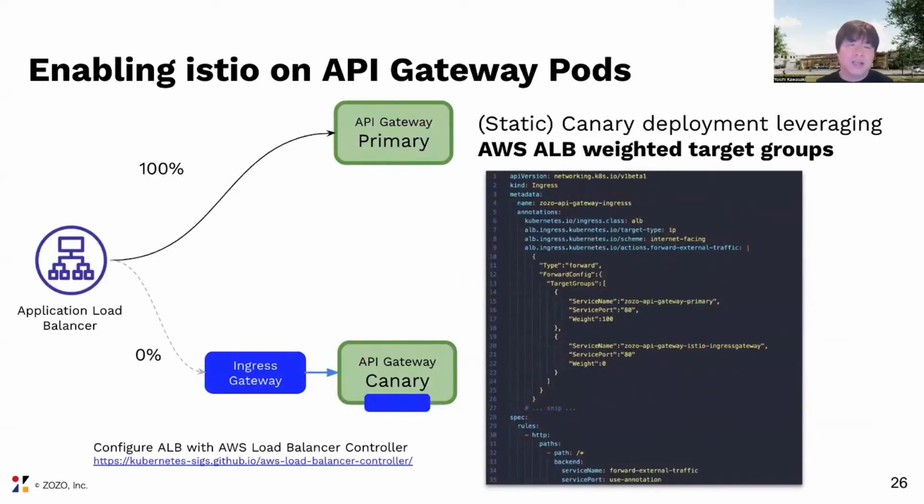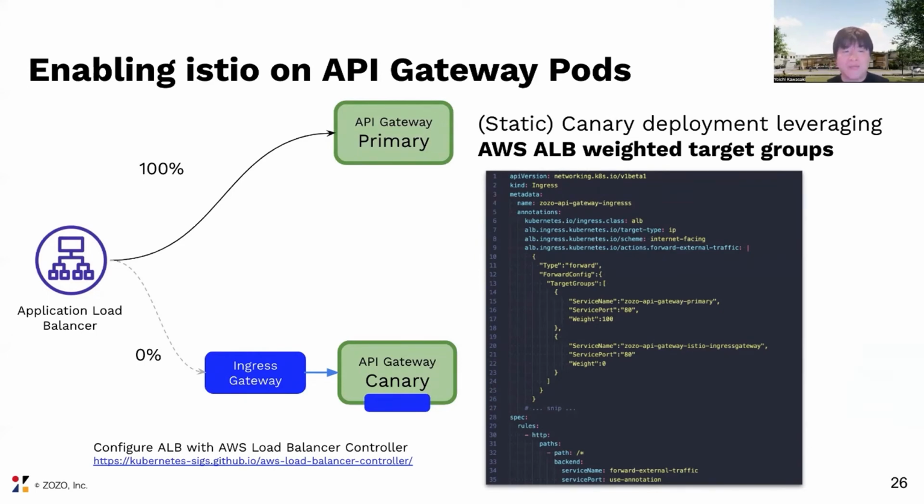So next, let's take a look at how we did the migration of API gateway pods. Actually, we had an AWS application load balancer set in front of our API gateway. For canary deployment of the API gateway, we leveraged the weighted target groups feature of the application load balancer. First, we set up the new API gateway, which is Istio proxy injected. And also we set up the ingress gateway to manage incoming traffic from outside the cluster.